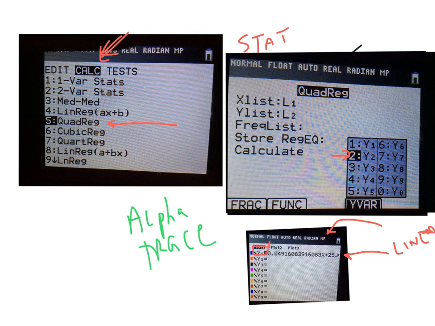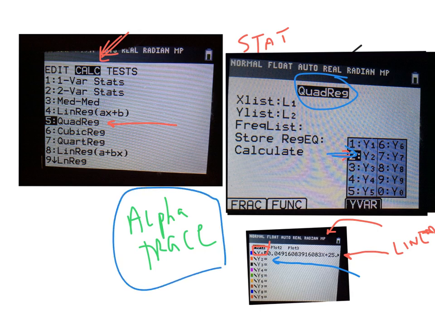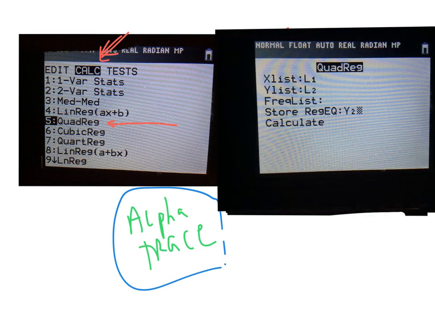What I want to do is I want my calculator to find a quadratic equation that fits the data, and I want the calculator to save the quadratic equation into Y2 of this graphing screen. So after you press Alpha Trace, choose option 2 for Y2. Now that Y2 is saved next to Store Regression Equation, move the cursor down to Calculate and press Enter.